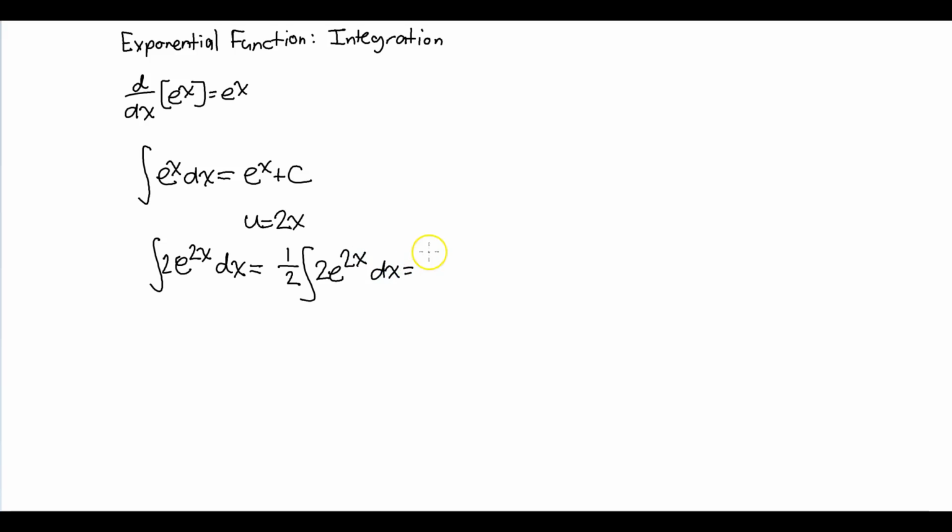Now you have 1/2 e to the u du, which equals 1/2 e to the 2x plus c. So we've just seen that the integral of e to the 2x is 1/2 e to the 2x plus c.